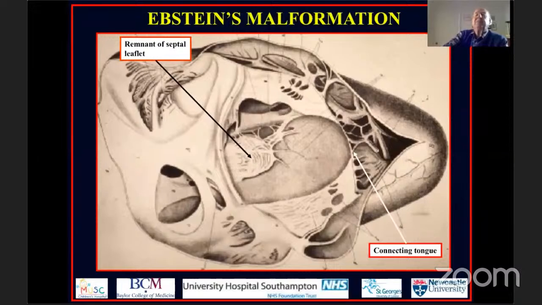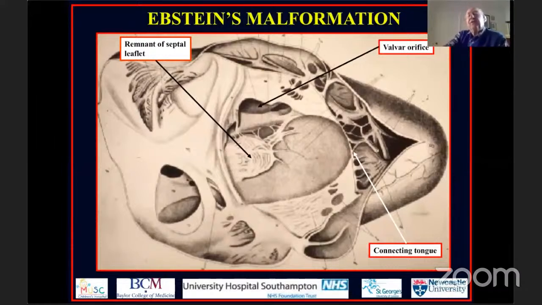Significantly, you see that Ebstein shows a tongue of tissue between the inferior leaflet of the tricuspid valve and the anterosuperior leaflet of the valve. And that, as I also described to you, is an important feature of the heart we now name in honor of Wilhelm Ebstein.